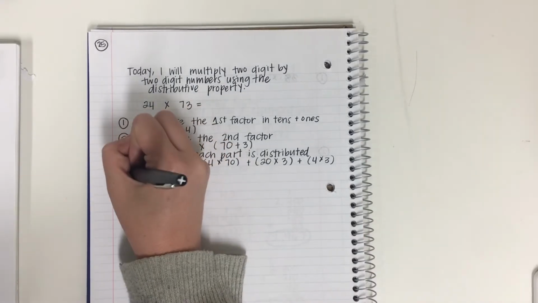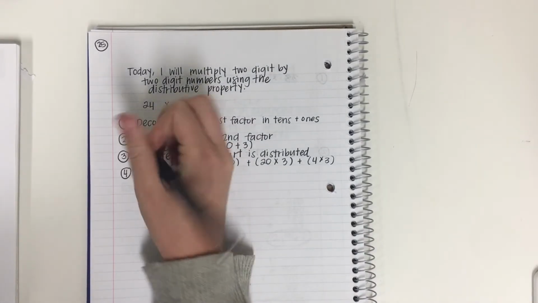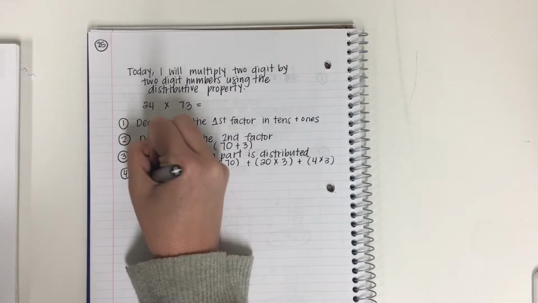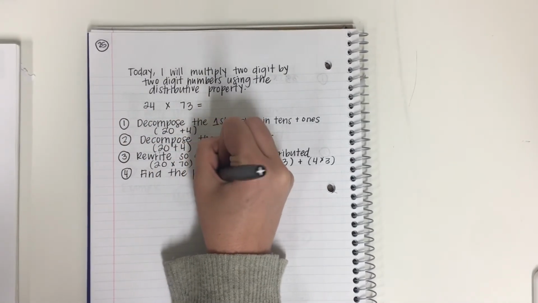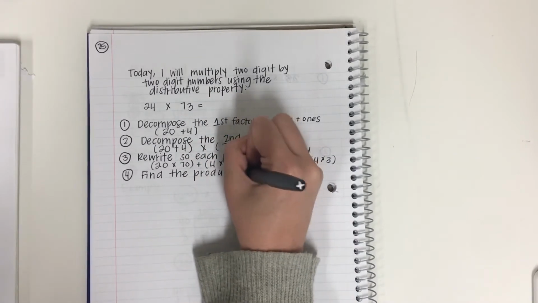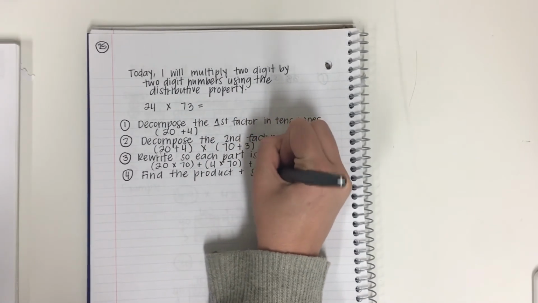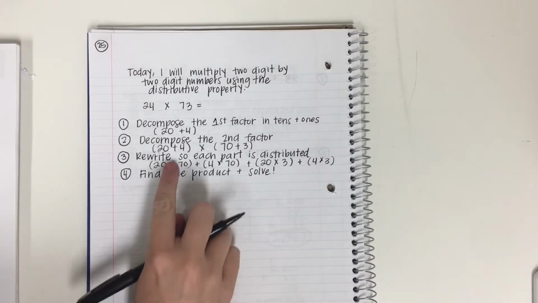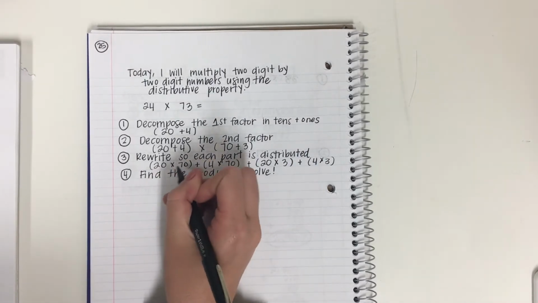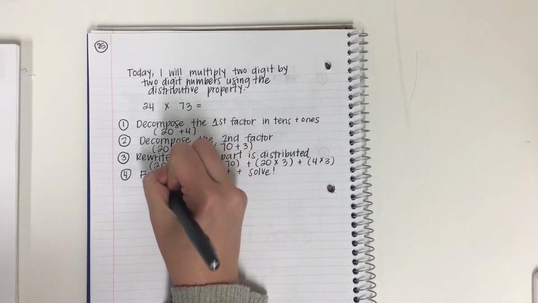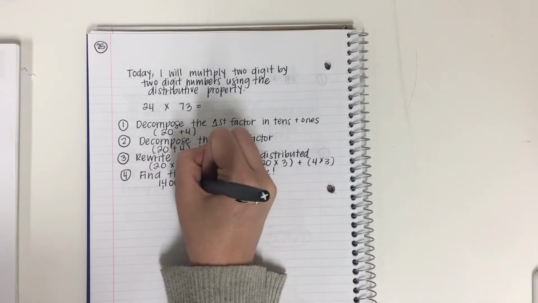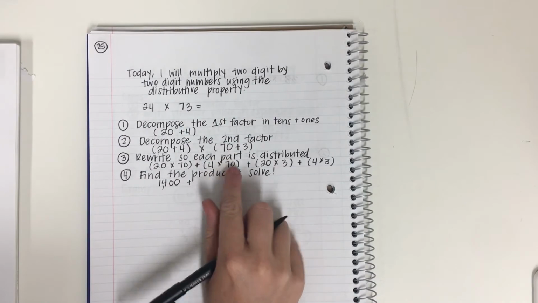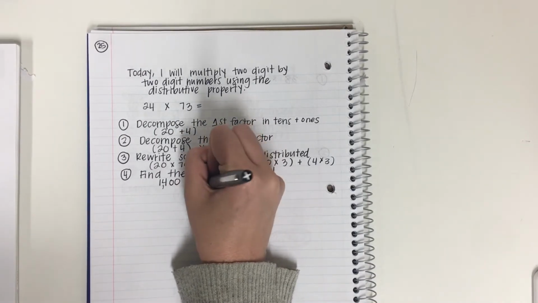Now we need to, for step 4, find the product and solve. Okay, so we're just going to drop it down. So 7 times 2 is 14. Add 2 zeros, it becomes 1,400. Plus 4 times 7 is 28.